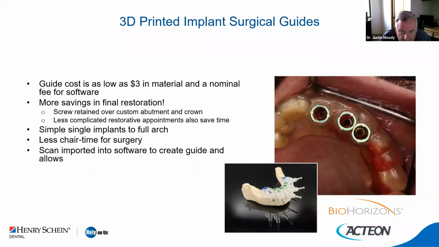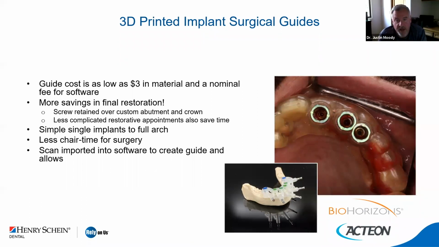Creating surgical guides allows us to do more screw retained restorations because we can control the access hole for the screws, and does what I call decomplicate these cases. We can do it from single implants to full arch, and this saves an immense amount of time.